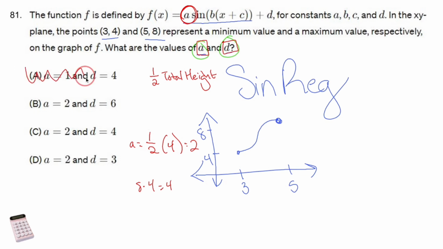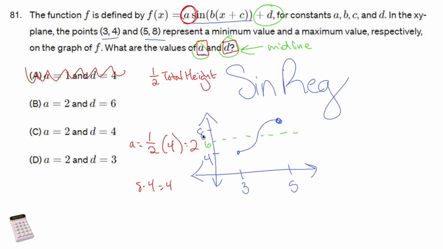So that eliminates this guy. Now, what does D stand for? D stands for the midline. It's the line that cuts the graph in half. Numerically, whatever the low point is and whatever the high point is, it's literally half of that. So drawing this out, we can see that it's 6.